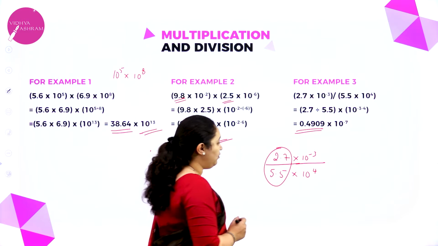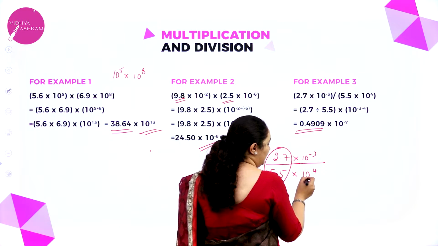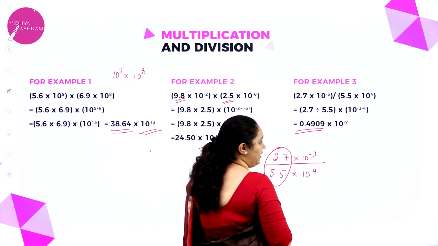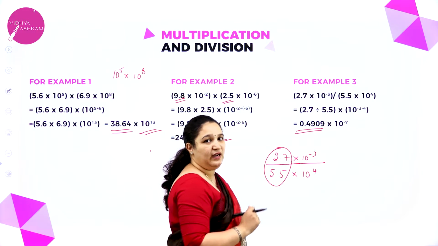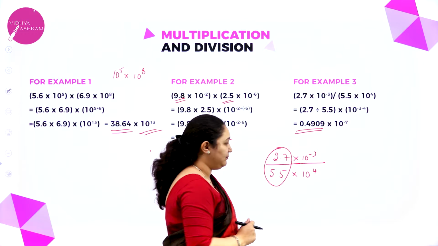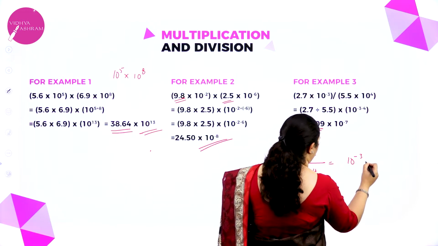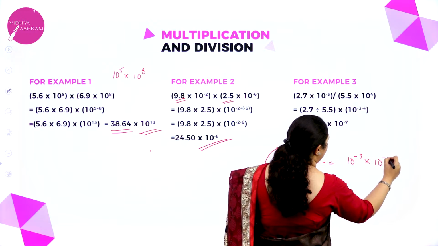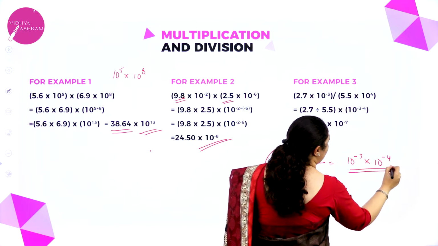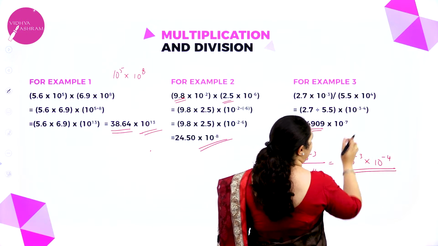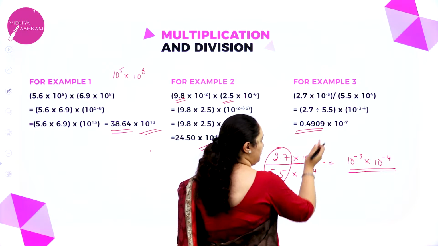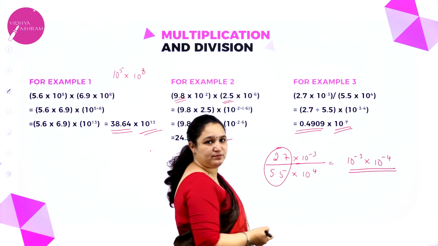Okay. Now what about the exponents? From the denominator, when you go to the numerator, it will change in sign and I will be writing it as 10^-3 times 10^-4. Once it has come to multiplication, you have to just add it. Minus 3 plus minus 4 is minus 7. I have got the answer.